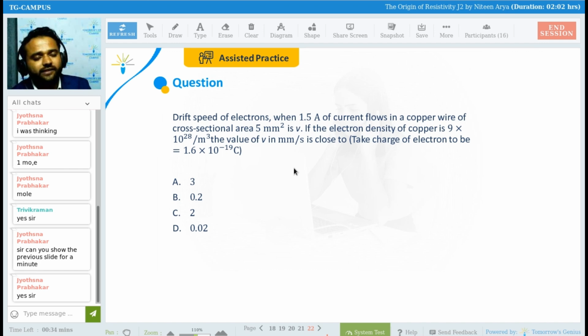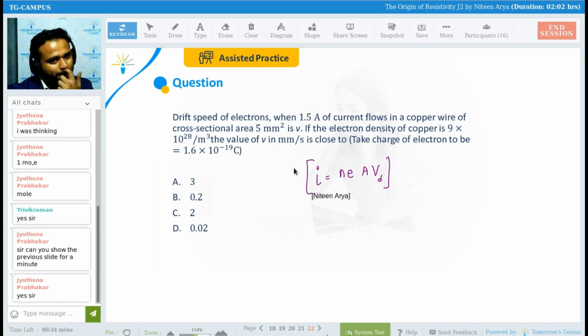I equals nAeVd. That simple formula you're going to use. Instead of Vd, you just need to find v, or you can write Vd.